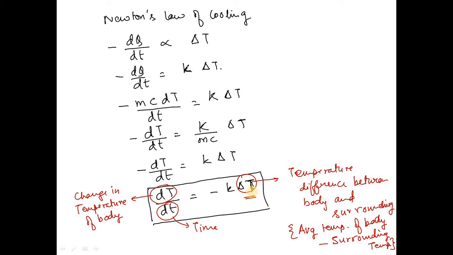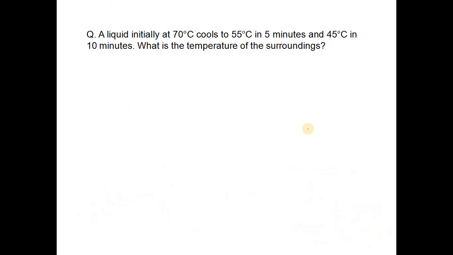And k is a constant. In all the sums, we will try to eliminate this k. We will not find the value of k, we will try to eliminate k. So let us see how the questions will look, how we will apply these concepts to the questions.